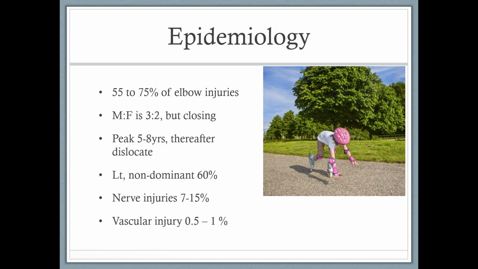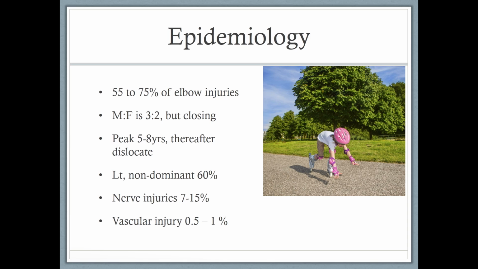The epidemiology: they constitute about 3/4 of all elbow injuries in children. Boys traditionally more than girls, but in fact that gap is closing. And for reasons that Fahi alluded to, peak age is between 5 and 8 years, and after that the fracture patterns start changing, tending towards dislocations.